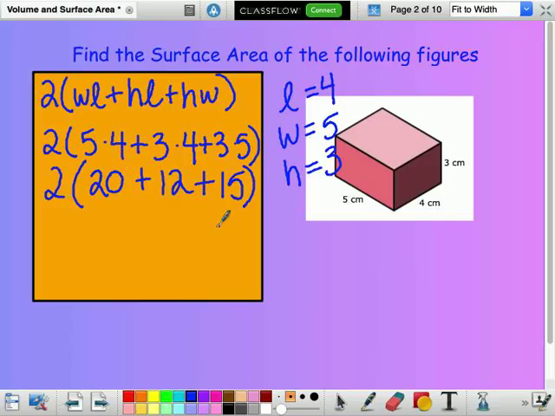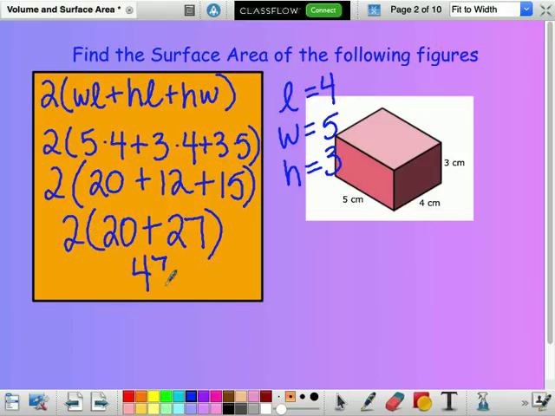So I'm just going to do 12 plus 15. That gives me 27. So I have 20 plus 27. I still have my 2 on the outside. 20 plus 27 is going to give me 47 times 2.